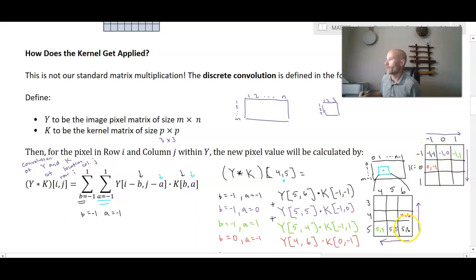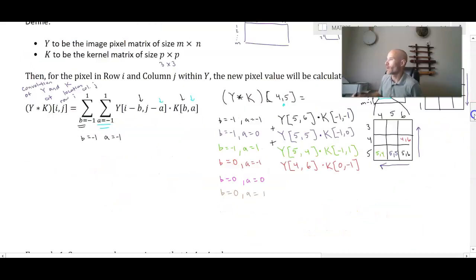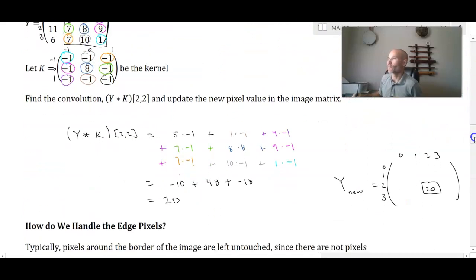And then as we advance to the left on the Y image, the next multiplier from the kernel moves to the right. So along the kernel, we kind of imagine it moves from left to right, top to bottom. And then on the image itself, we move from bottom right towards the left and then up each of the rows.